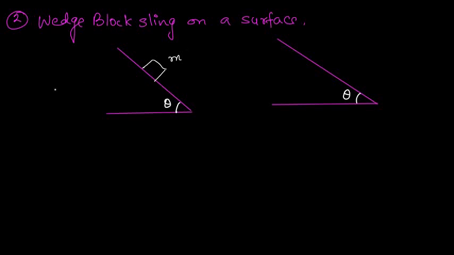I have drawn two because there can be two types of motion. First, the block can move in the downward direction of the hill, or the block can move in the upward direction. So we have to consider both the cases. Let us do them one by one. This is your first case, this is your second case. Let's discuss the first case.